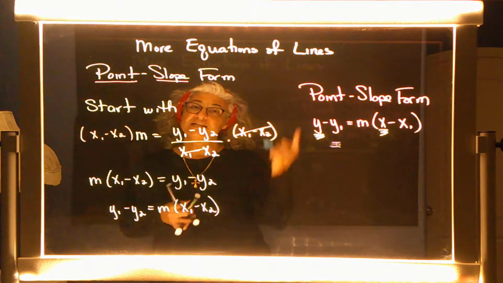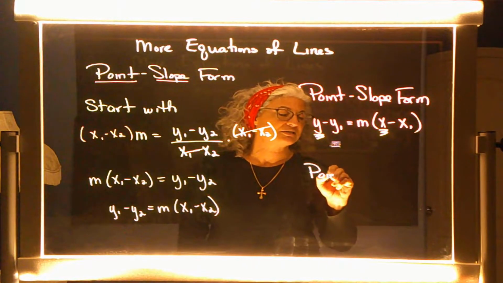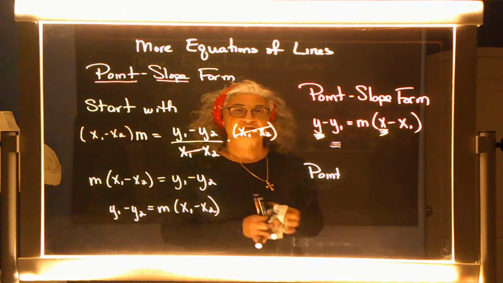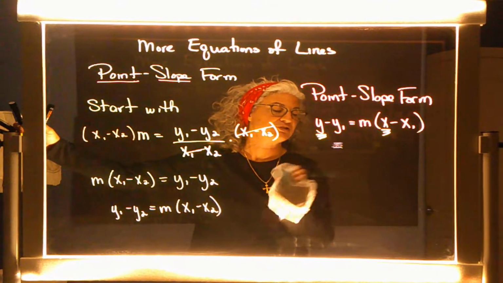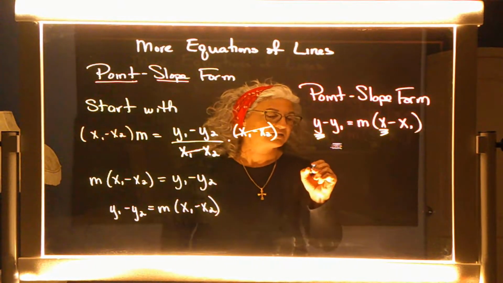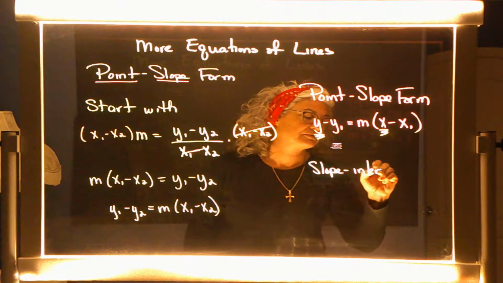Now, the other form we had was called, pardon me. See, that's why I need you doing this stuff with me. The other form we had was known as slope-intercept form.